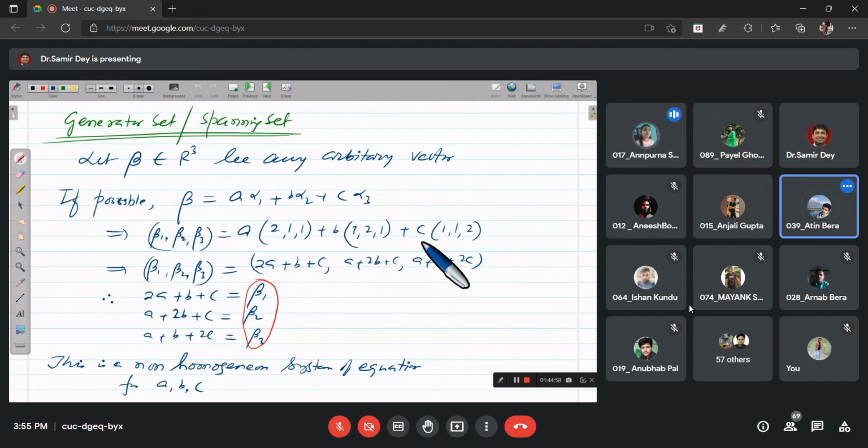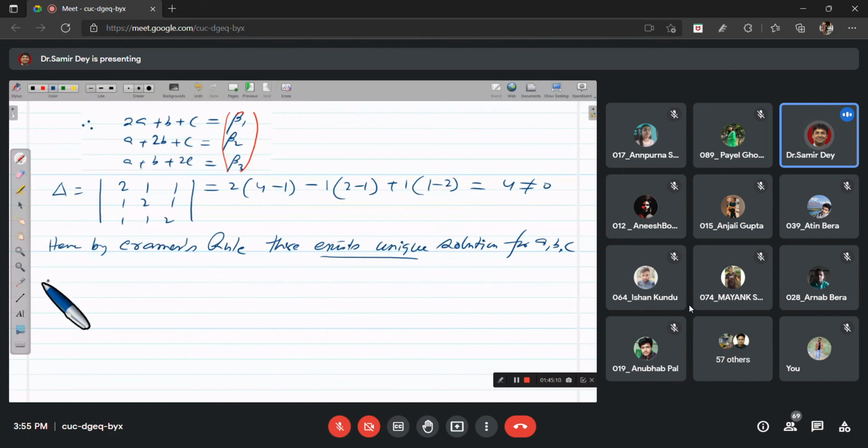It means the beta can be expressed as a linear combination of these three vectors. So then you can write, therefore, R cube is equal to the linear combination of (2, 1, 1), (1, 2, 1), (1, 1, 2). Is it clear or not?